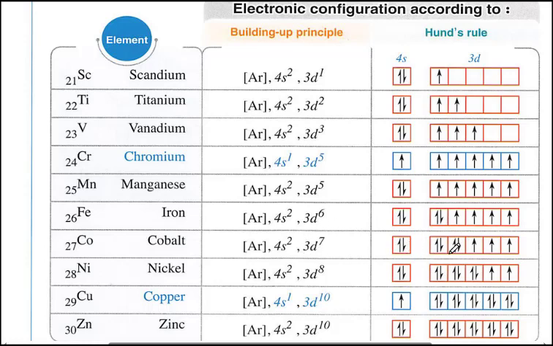So 5 electrons occupy singly the 5 orbitals of the 3d, and then the remaining electrons occupy the first and second. In nickel, 5 electrons occupy the five orbitals, and the rest of the 8 electrons occupy the first, second, and third orbitals.